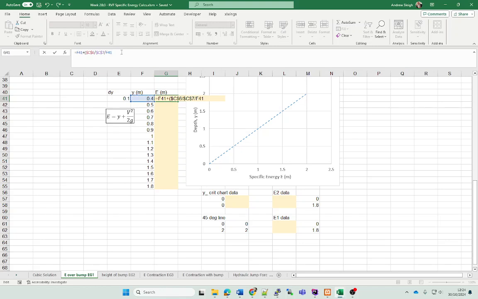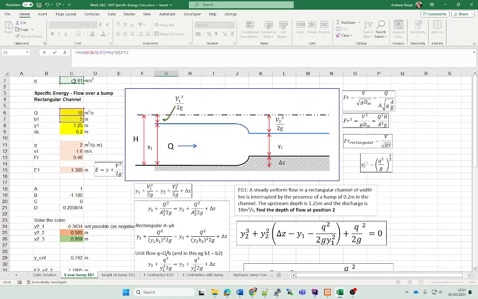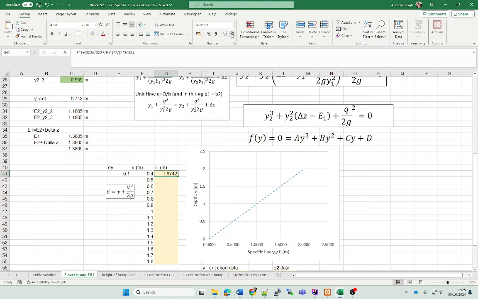Probably need that all bracketed and squared, divided by 2 times gravity fixed. Okay, so we've got a value of E. We should have a reasonable number of decimals, 3, so it's down to the millimetre. If we drag that down, we'll get a nice curve appearing on the chart.